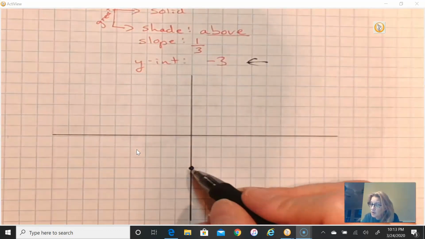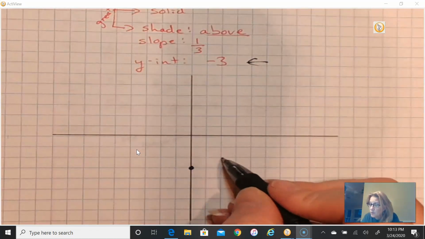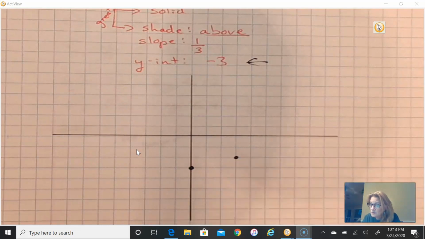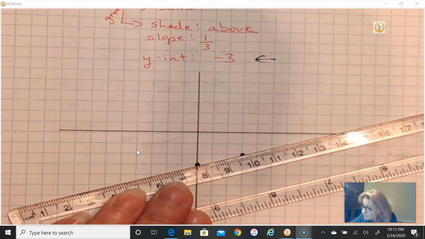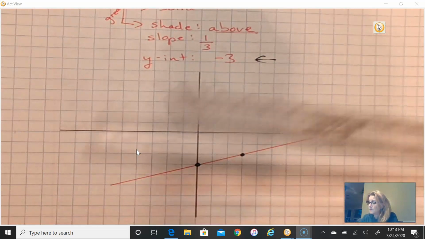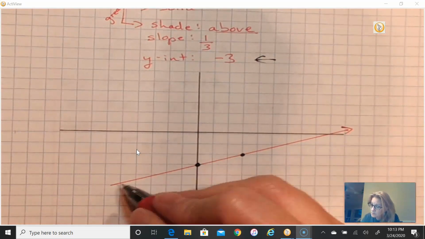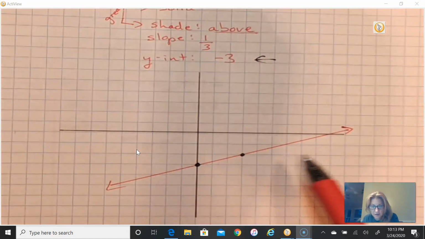Both are positive, so I'm going to go up 1, see up 1, and then over 3. It's a solid line. And we're shading above. Clearly you know which is above.